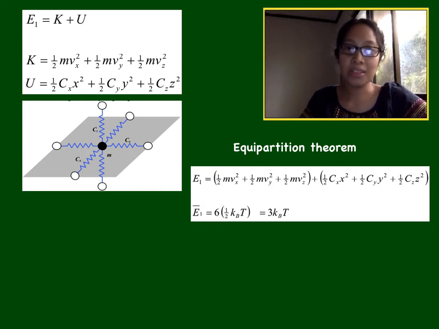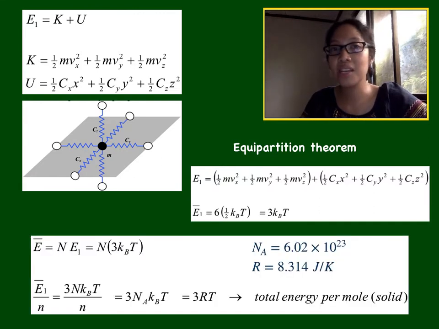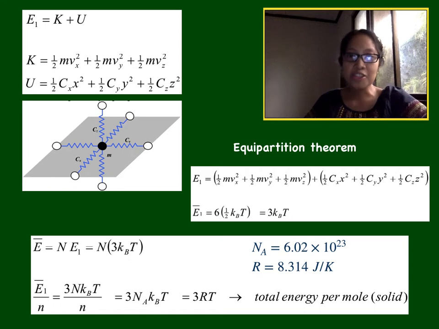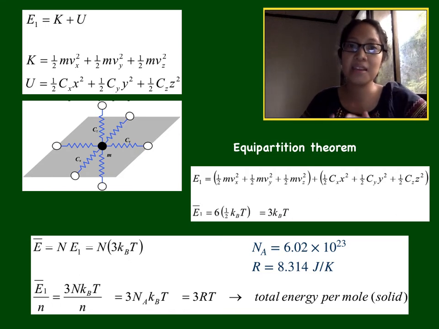If our solid is composed of N atomic oscillators, then the total energy will be N times 3 times k_B T. Furthermore, the total energy per mole is 3 N_A k_B T, or simply 3RT.